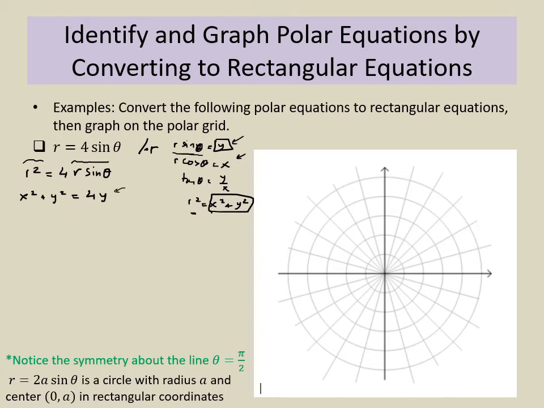This is the one where we had to bring the y terms together, the y squared and the 4y, and we had to complete the square, which is what I was mentioning at the beginning of this lecture. How do we do that? Our first step is subtract 4y from both sides. What does that give us?